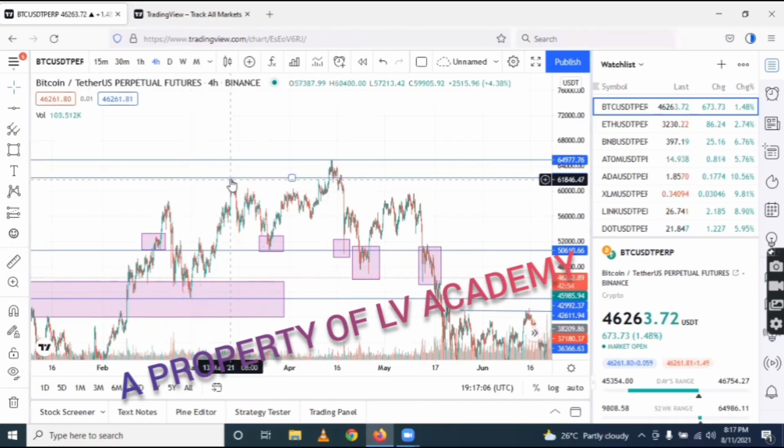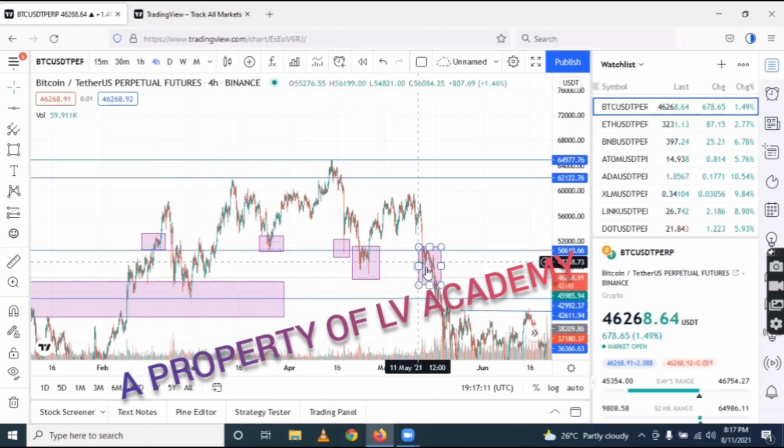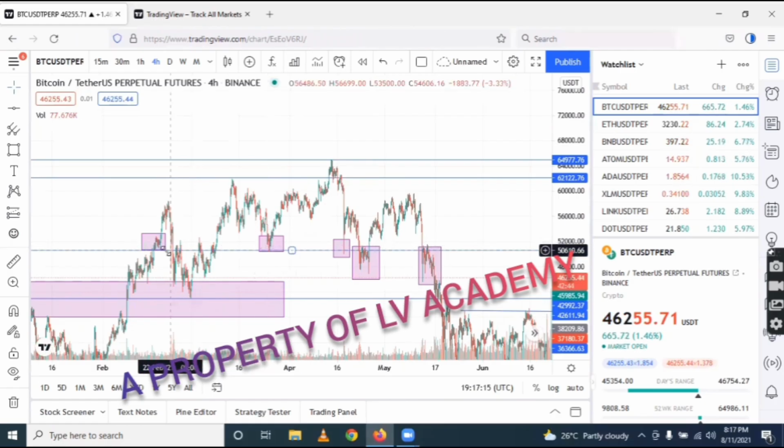See, resistance. Then this one's the flip zone. See, now it became a resistance. You know that it was support here, but here it became resistance. It became a resistance here because price came down to this place, then it came back up. Then this place became a resistance.